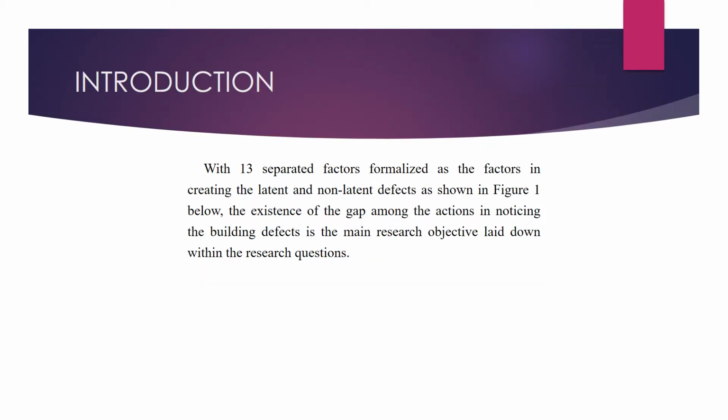Now we have separated 13 factors within the latent, the unseen defects, and the non-latent defects, which are the defects that you can see, as shown in figure 1 below. The existence of the gap among the actions in noticing building defects is the main research objective laid down within the research.